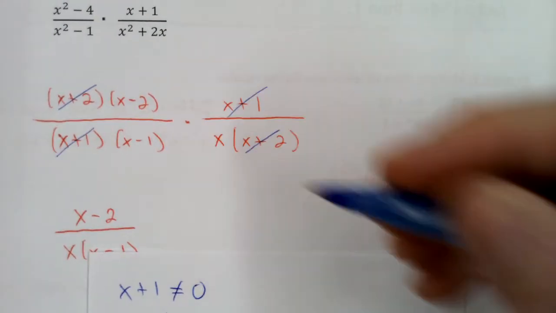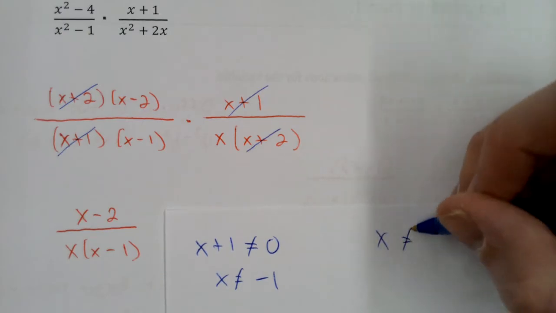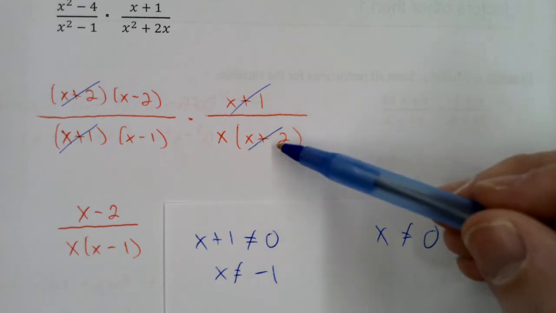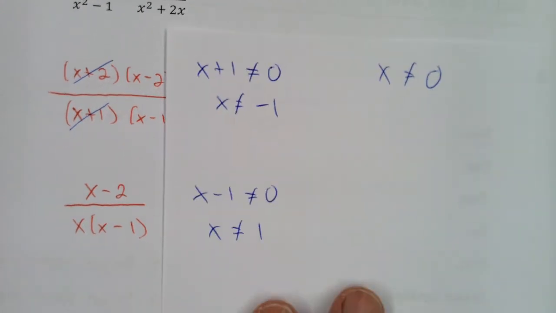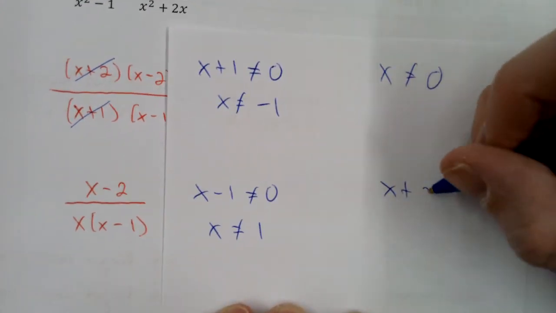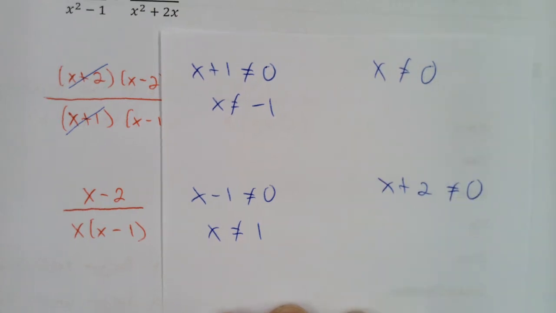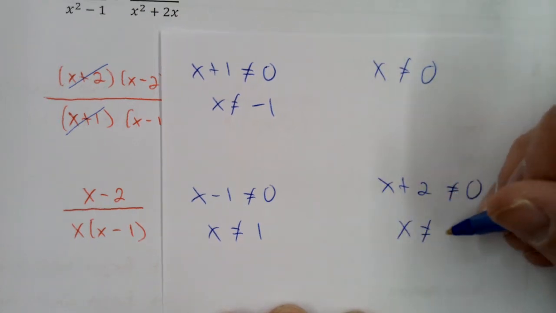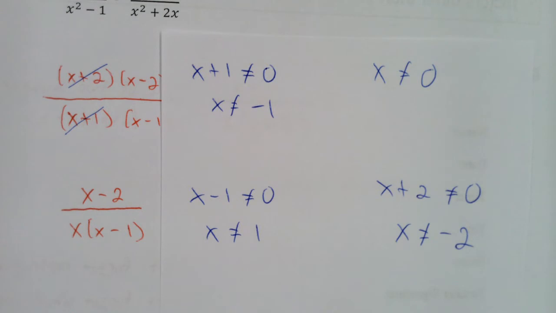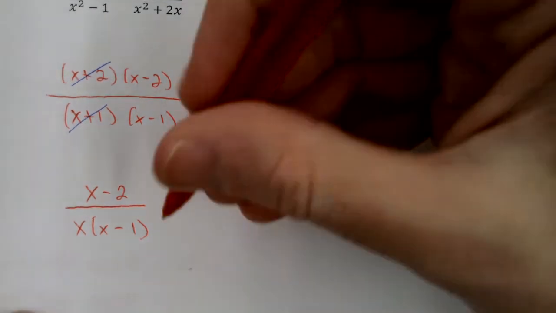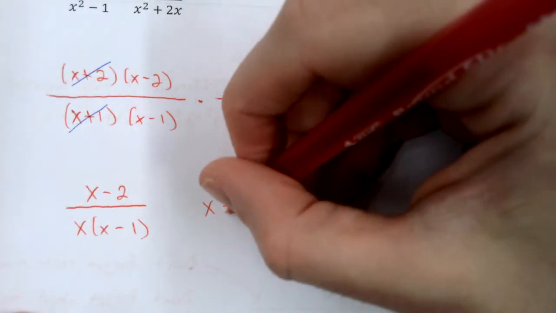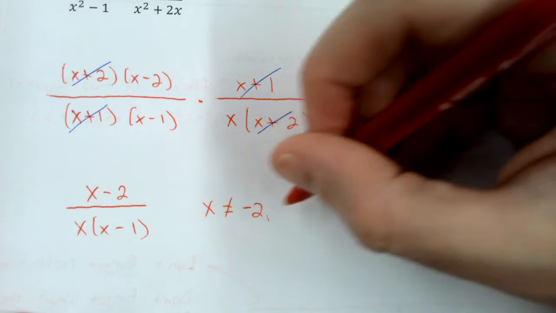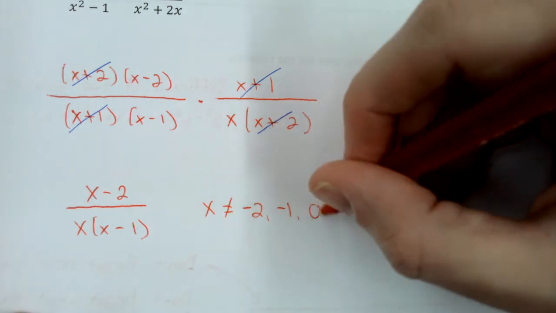X cannot be 0, that's easy. And x plus 2 cannot be 0. Solve that. You can probably do these in your head, but if not, this is what I'm doing. I like to put them from smallest to biggest. X cannot equal negative 2, negative 1, 0, or 1.